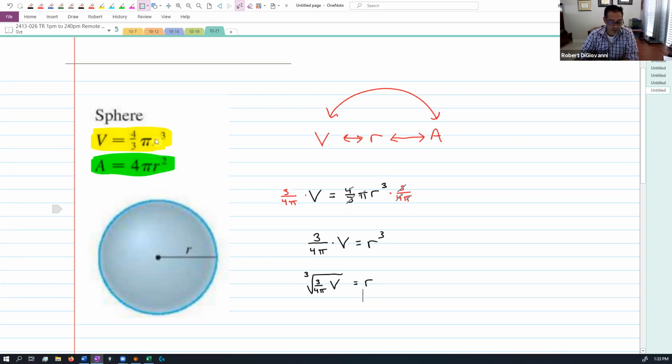To solve this first one for R, we took the one in yellow. I'm trying to get R by itself, so I got rid of this constant by multiplying by the reciprocal on both sides. That leaves me with just R cubed on the right, and then this new fraction out here in front of V, and then I just took the cube root of both sides to get R. Does that make a little more sense?